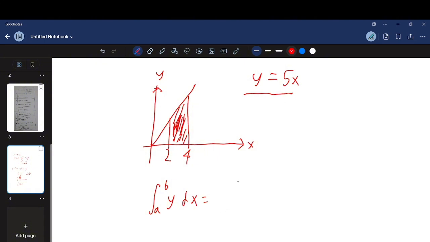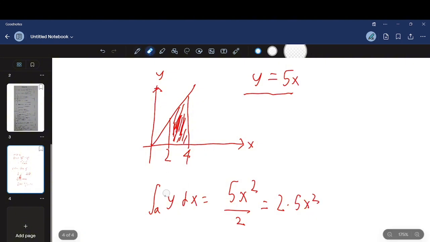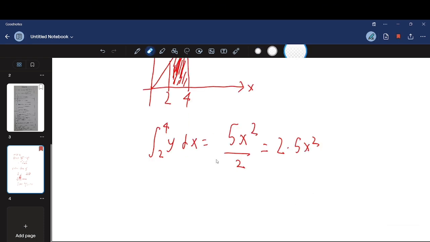We get 5x, the power was 1, we add 1, that is 2, divided by 2, that is 5 by 2, 2.5 x squared. And as there are limits, let's say the limits are 4 and 2. So as the limits are 4 and 2, how do I use the limits?